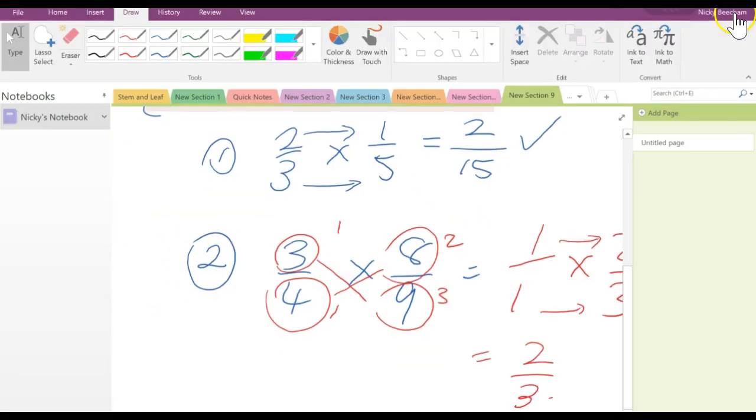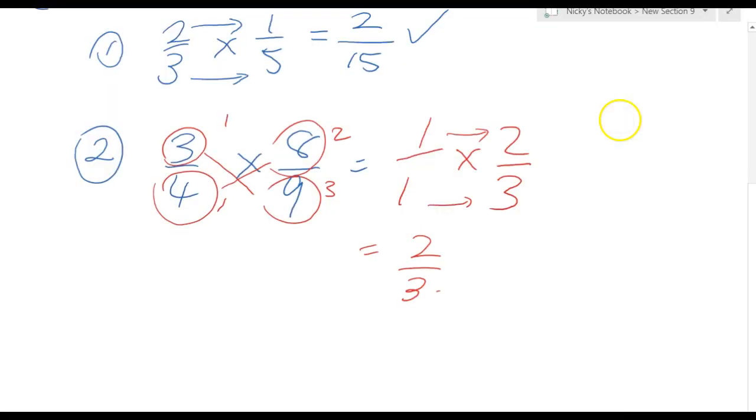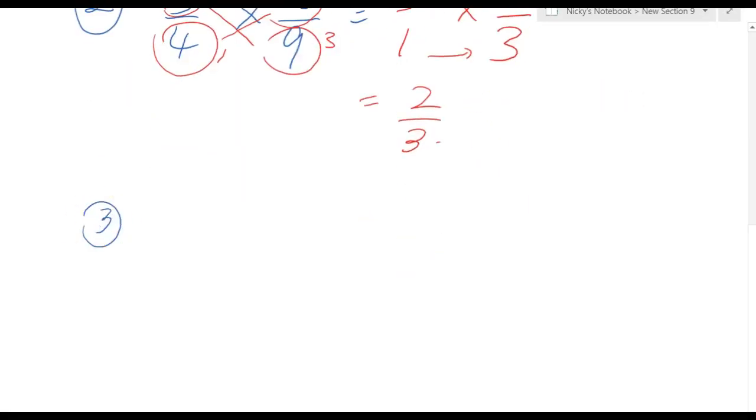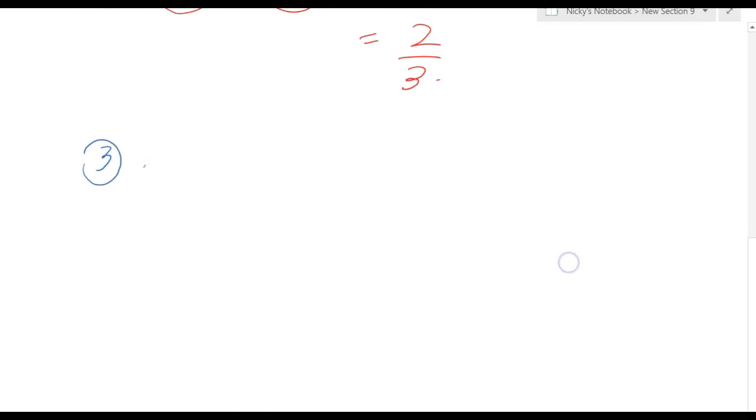Number 3. This is perhaps the most challenging example that I'm going to show you today, but in the end it's pretty straightforward. We've got 4/8 of, which means the same thing as multiply, don't forget, 3/6.